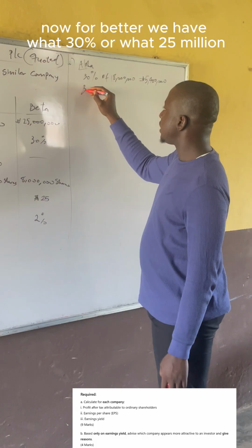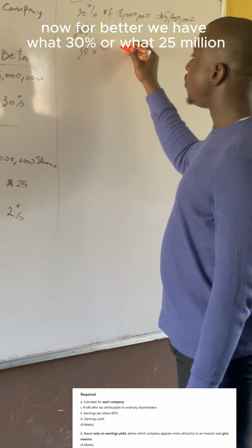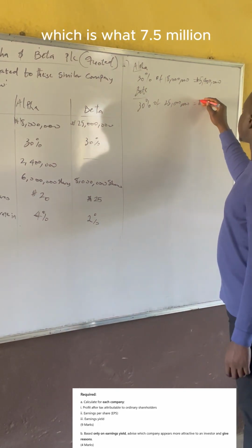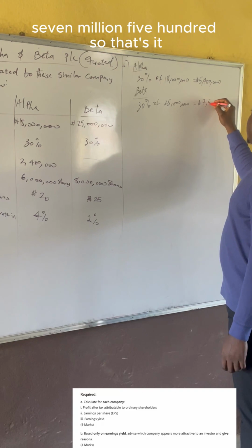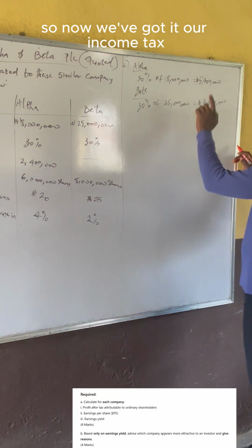For Beta, 30% of 25 million is 7.5 million. So now we have gotten our income tax.